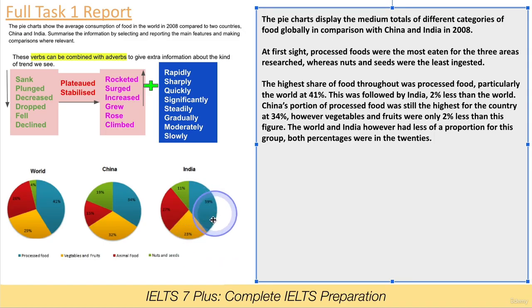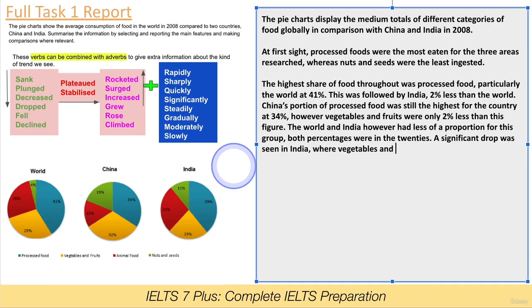We could say a dramatic drop actually in India. So a significant drop was seen in India, where vegetables and fruits constituted 23%, less than a quarter. So we're finding different ways to report back on this data.